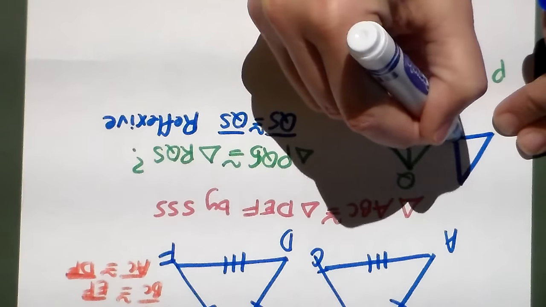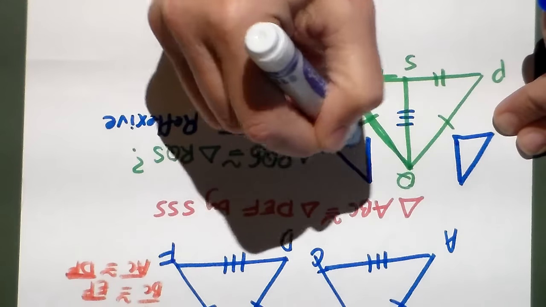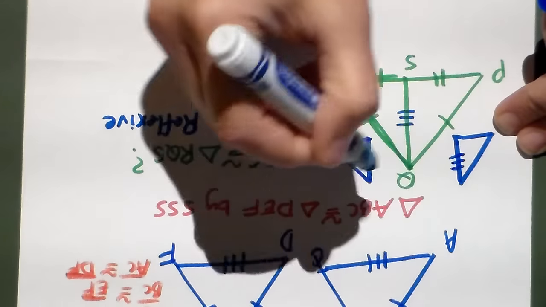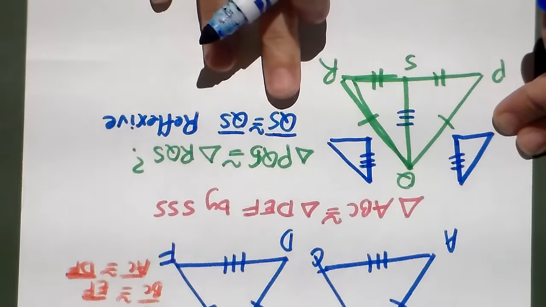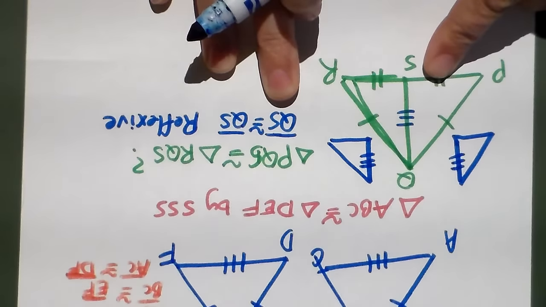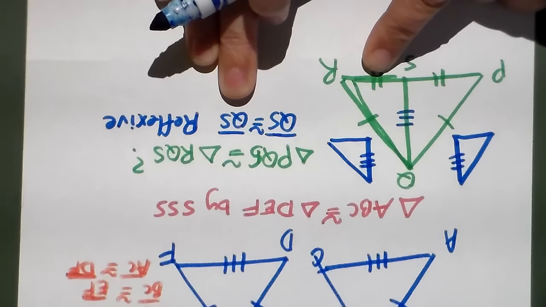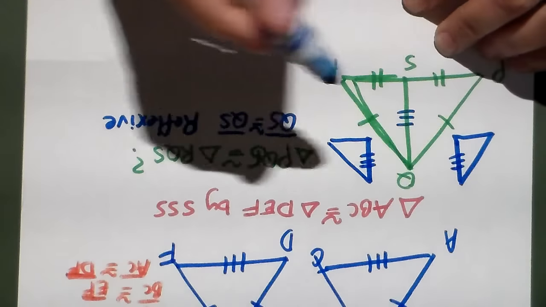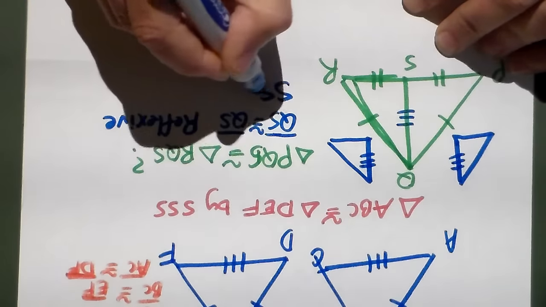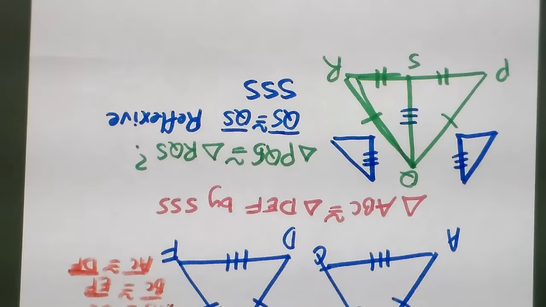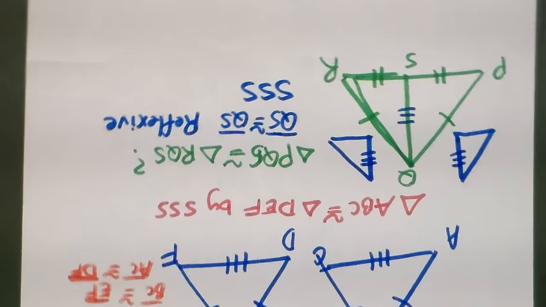If we take these triangles apart, they both have a QS. So by the reflexive property, I'm now able to say, yes, they are congruent by side, side, side. So that's how we do side, side, side.